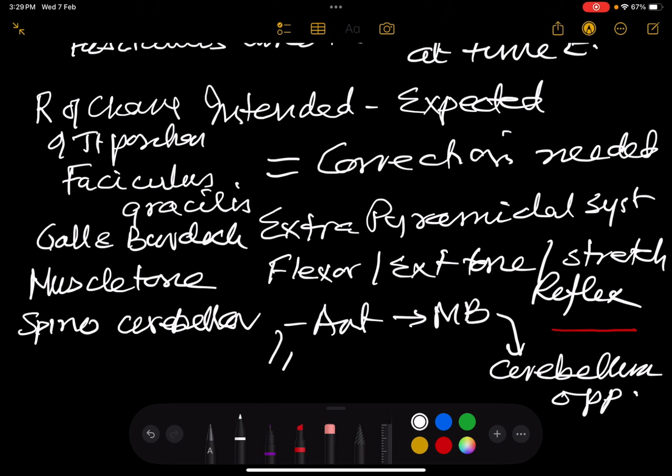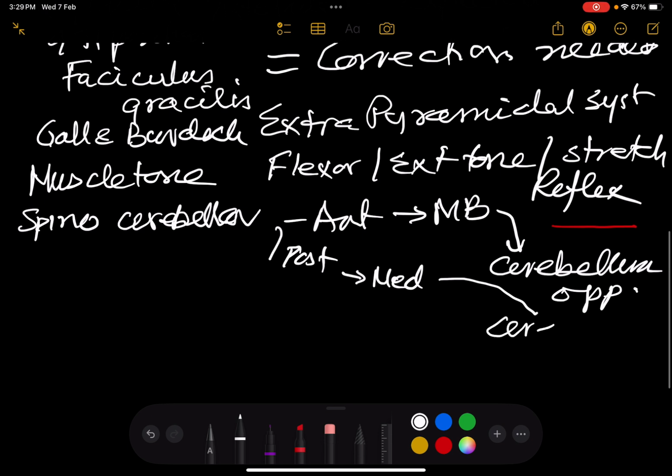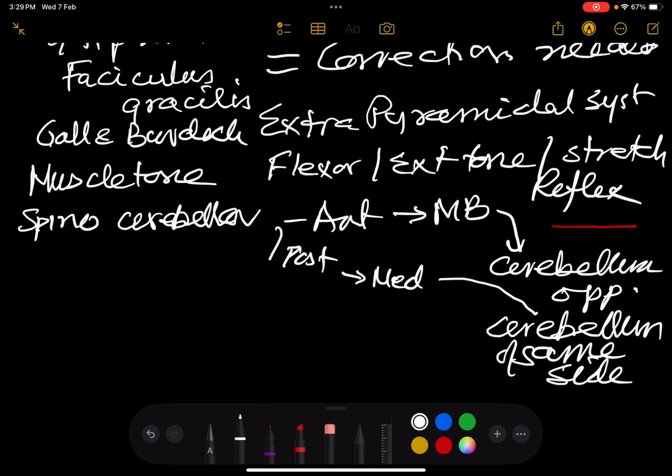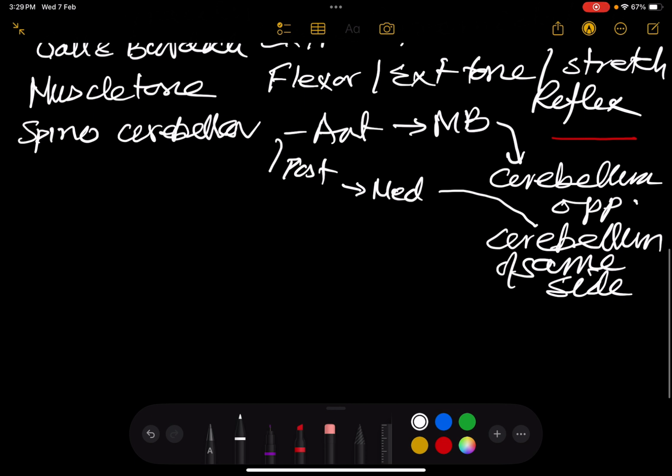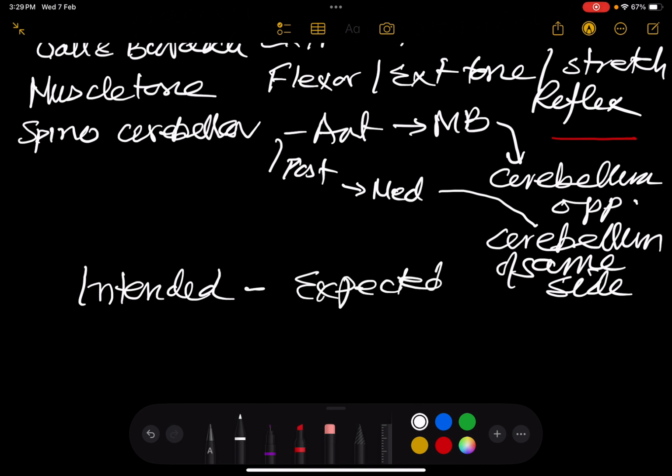The posterior ones go right up to the medulla and go to the cerebellum of same side. So through these tracts, now you clearly know what was the intended position, what is the expected position, and how much correction is to be applied.